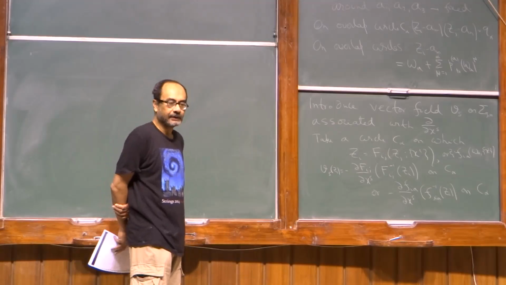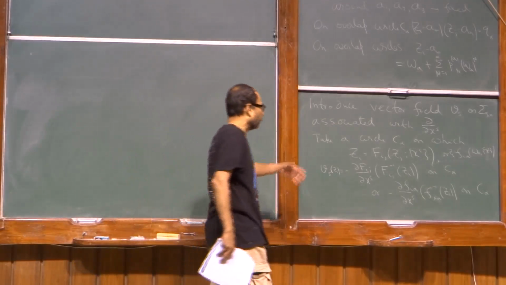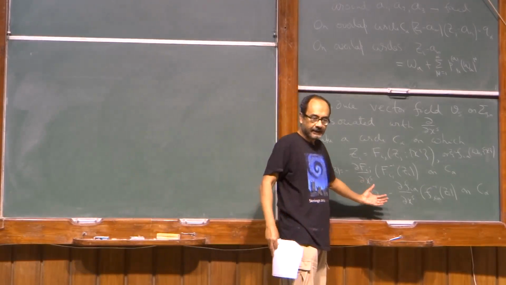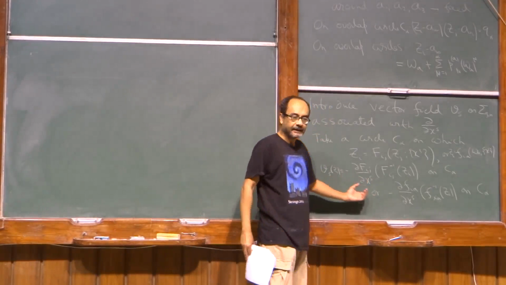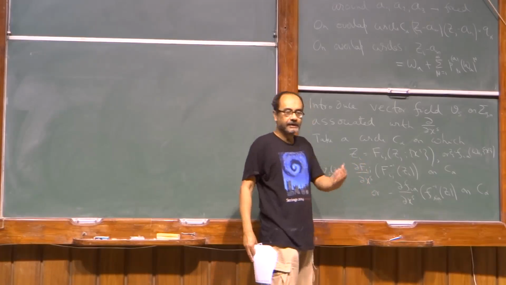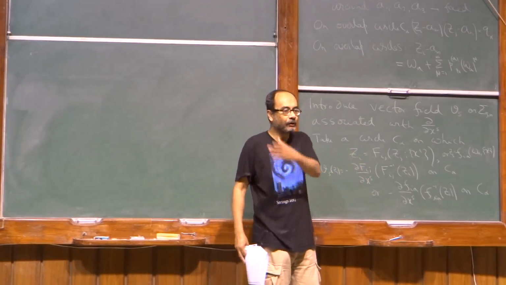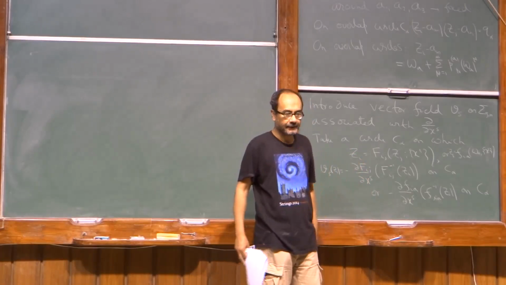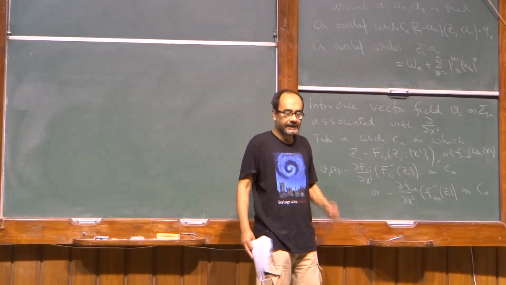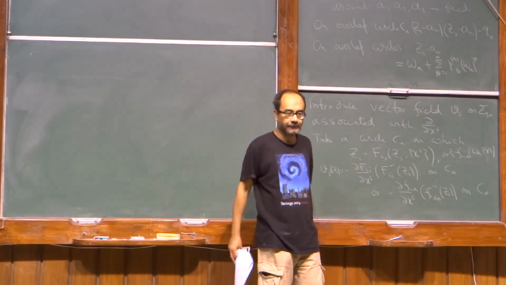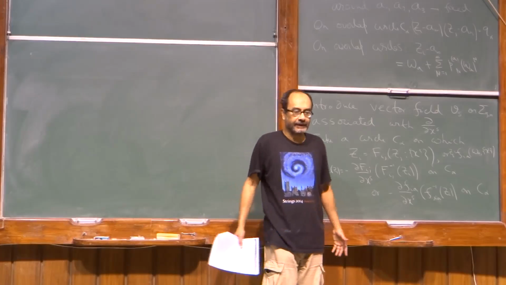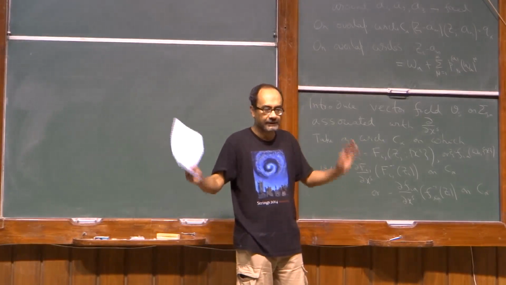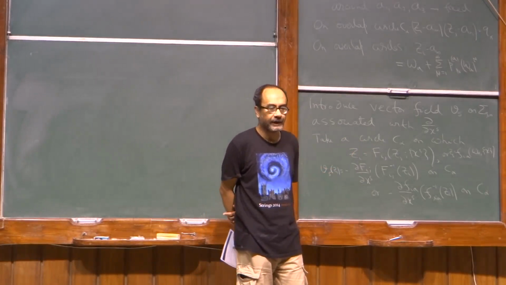You can think of a bunch of such sections, but the different vector fields have no relation to each other. The vector field defined on the first circle and the vector field defined on the second circle may not be analytic continuations of each other in any way. So each vector field is like a meromorphic section on some circle, but it may not even be meromorphic. It may have branch cuts and poles. We are not saying anything. But on the circle, it can do various things.